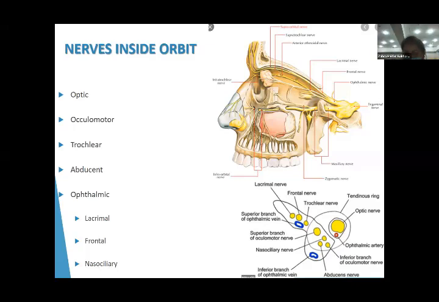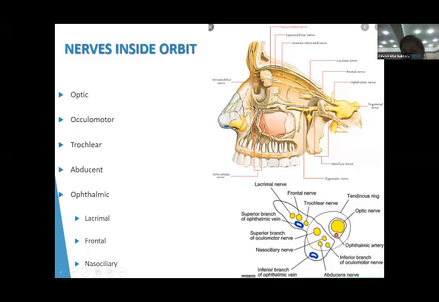Then you have the sixth cranial nerve, the abducent nerve. And of course, you also have the fifth cranial nerve, the ophthalmic branch of the fifth cranial nerve.